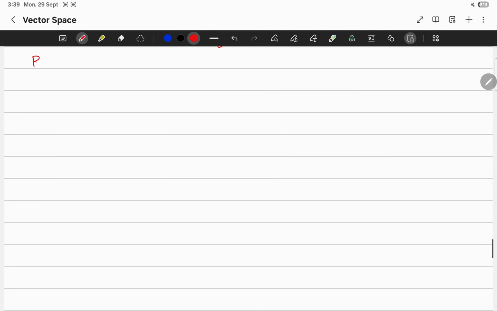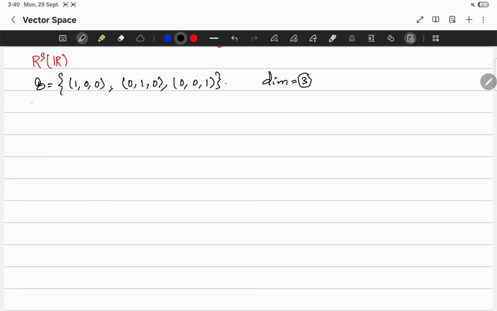Similarly, if you have R3 over R, let B be the set of vectors (1, 0, 0), which you know is in R3, (0, 1, 0) and (0, 0, 1). You will check it is a basis and the dimension here is 3.